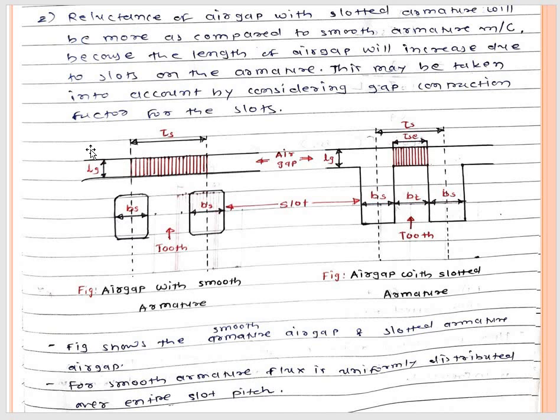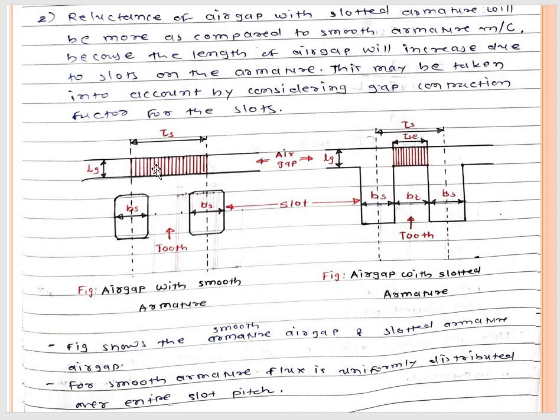So now these are the two figures. The first figure is the air gap with the smooth armature, and the second one is the air gap with the slotted armature. This is the teeth, this is the slots.